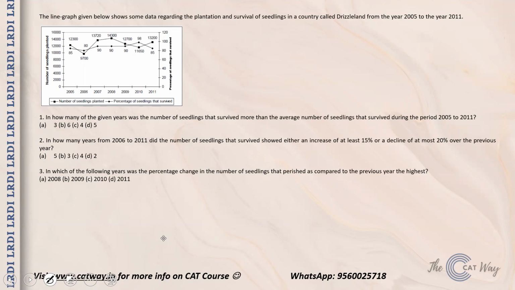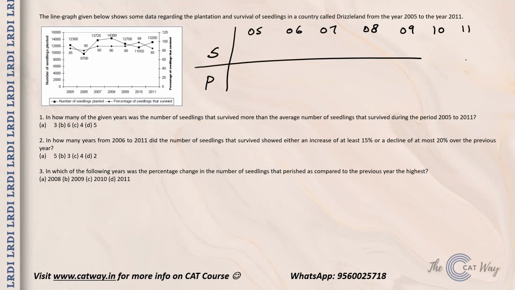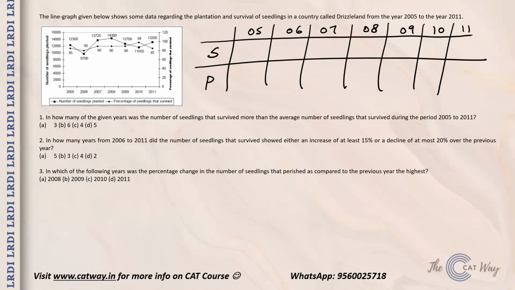So let us make our table for different years. You have 05, 06, 07, 08, 09, 10 and 11, and then you have the ones which survived and the ones which perished. Perished means the ones which couldn't survive. For 2005 it has been given that out of 12,300, 85% survived, so 15% did not.